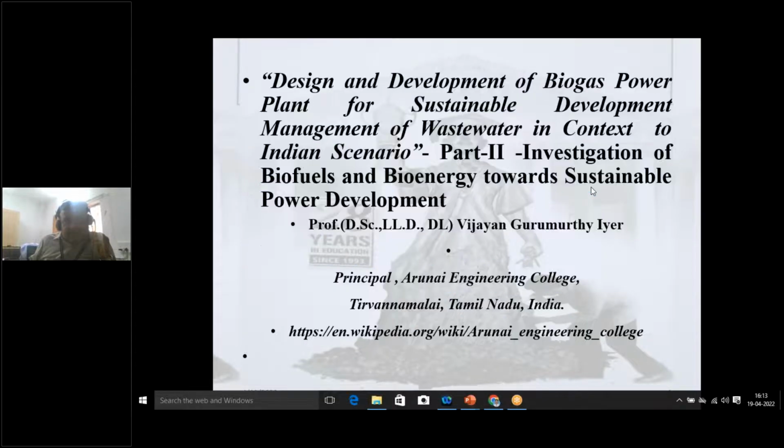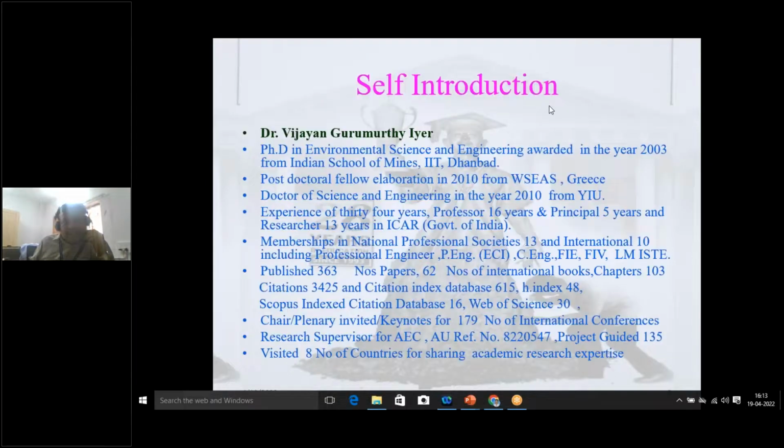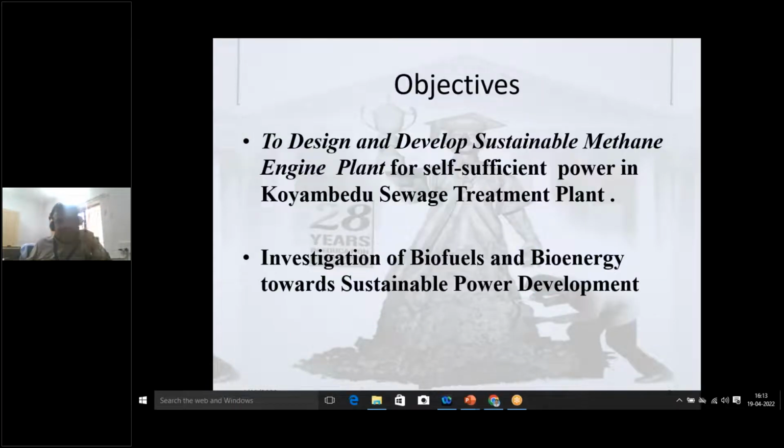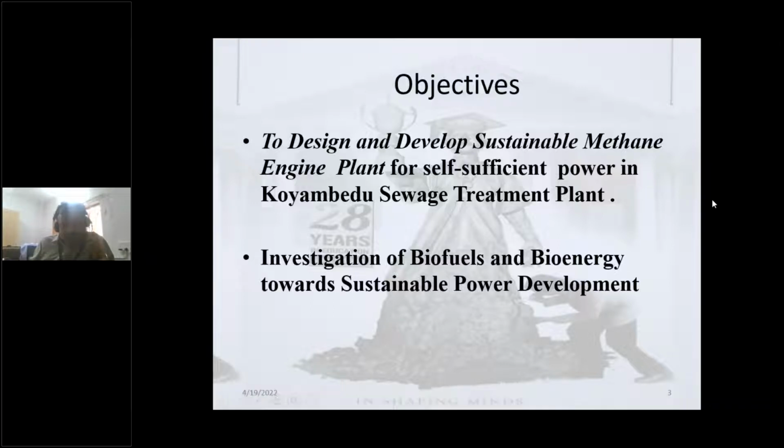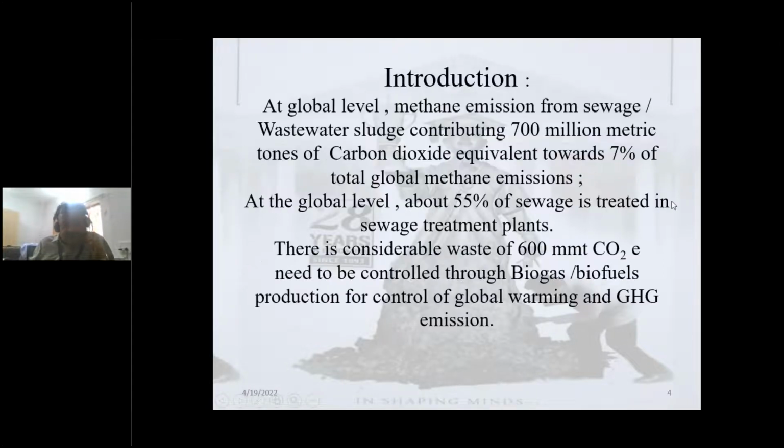Sustainable power development is a kind of development that meets the needs of the present generation without compromising the ability and efficacy of future generations to meet their own needs. The objective is to design and develop a sustainable methane engine plant for self-sufficient power in Coimbatore, Chennai sewage treatment plant.